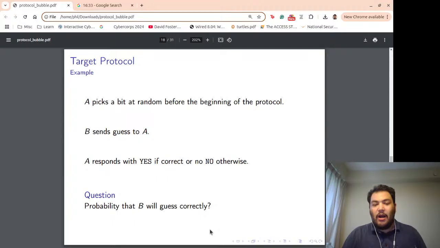He probably cannot guess correctly every time, because this is essentially like a one-time pass sort of thing. He probably cannot guess correctly 100% of the time, but he can guess correctly sometimes. Your intuition is that if Alice is picking uniformly at random, he should be guessing correctly 50% of the time.